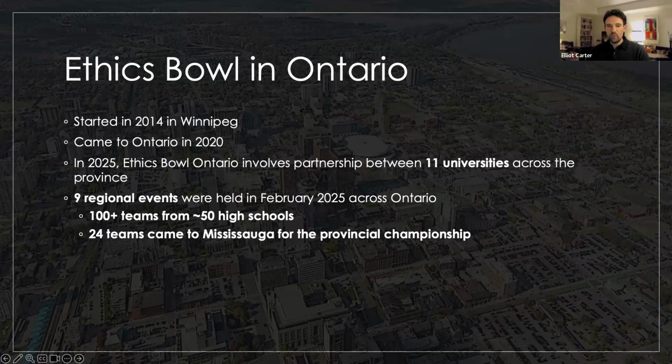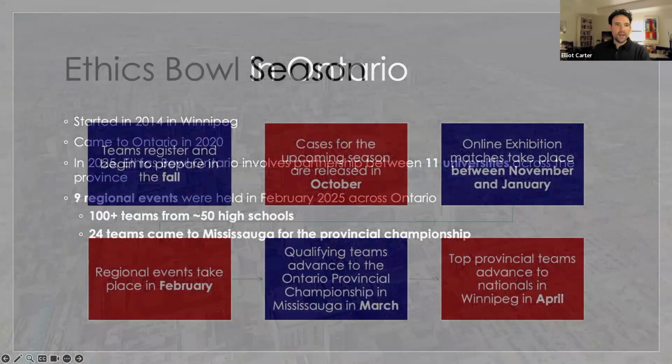And the winning teams, or the teams that qualified from each of the regional events, came to University of Toronto Mississauga for the provincial championship in March. And so 24 teams came to UTM in March. And then the qualifying teams from the provincial championship went on to the national championship in Winnipeg in April.